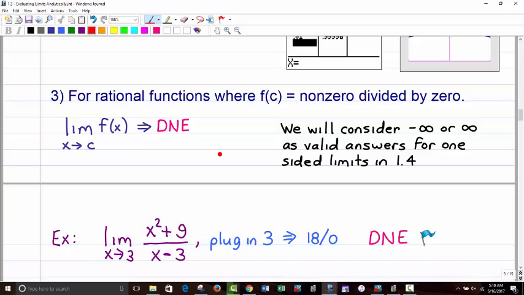Now, if they're approaching the same infinity, you can make arguments for that, but I don't worry about that. I just stick with DNE as a notation. Something we learn in the next section, for one-sided limits, we'll look at whether it's going to negative infinity or infinity. But for now, we'll just use the notation of does not exist for this type of situation.